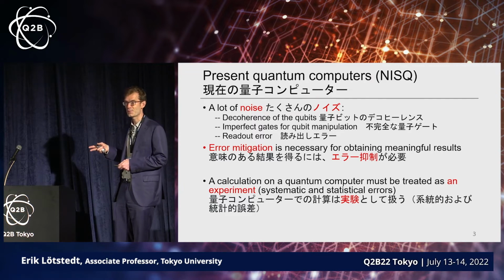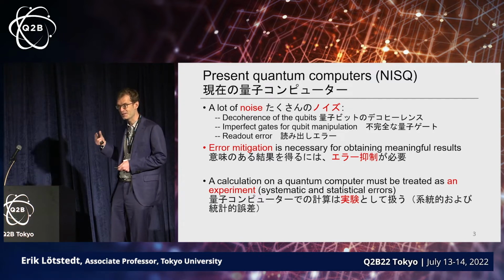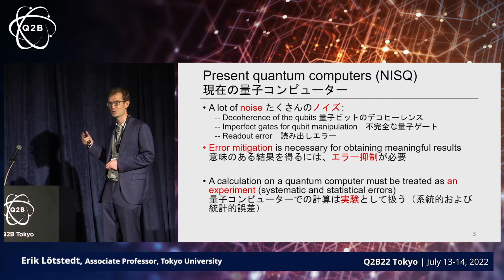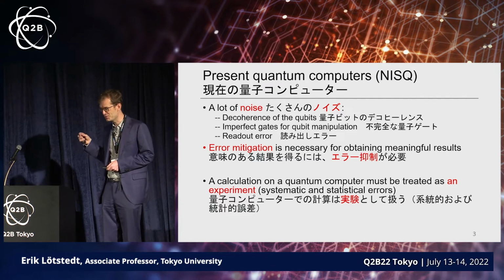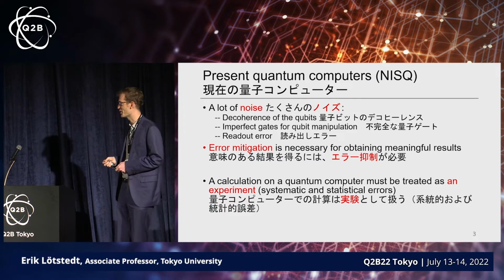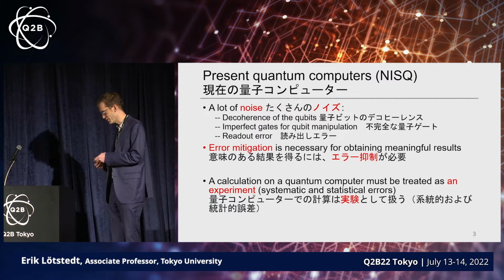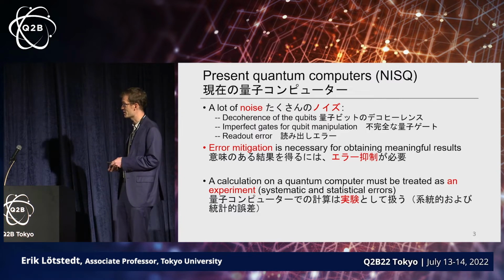This, of course, is something we, as experimental scientists, are used to. Every time we do an experiment, we must deal with both systematic and statistical errors. But as theoretical scientists, this is maybe not what we are used to. We are used to just running our program and getting the same result out every time. But on the quantum computer, it is not as easy.